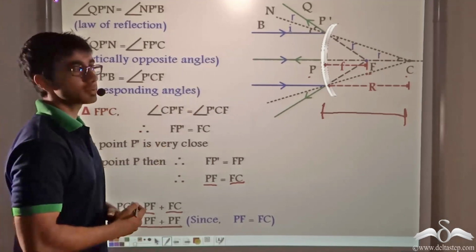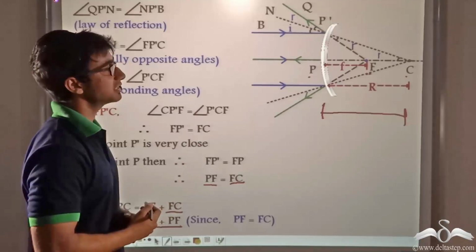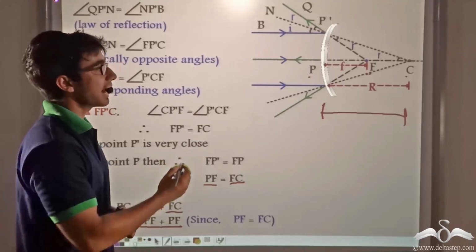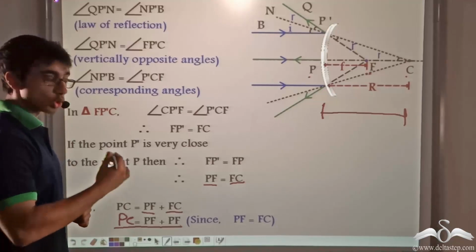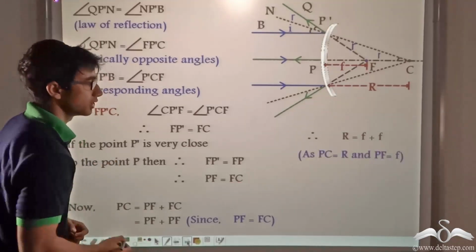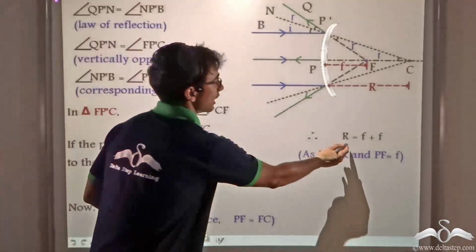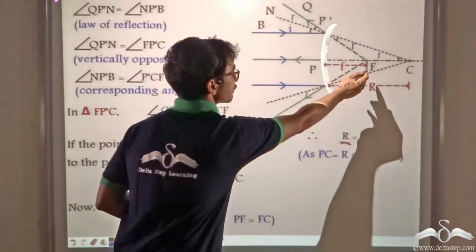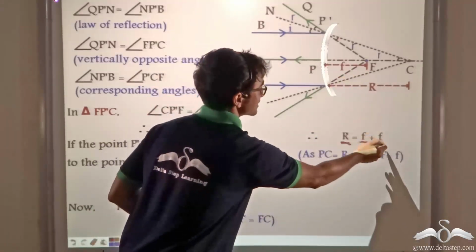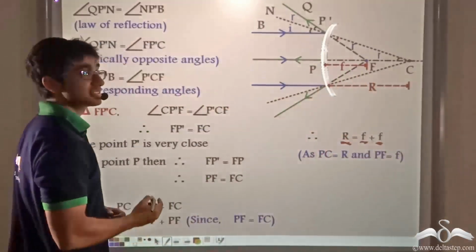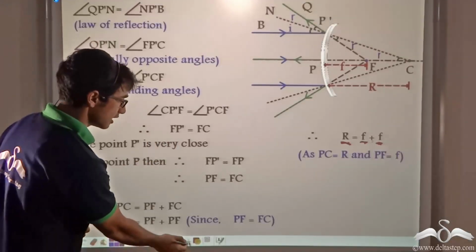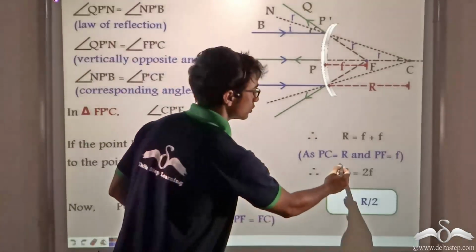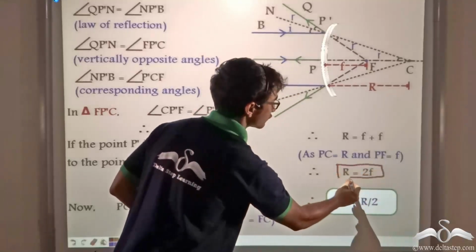Now, as you can see from the board, PF is nothing but the focal length and PC is nothing but the radius of curvature. So what do we obtain? We obtain R is equal to F, that is PF, plus F, that is FC, since those two sides are equal. So we can write R is equal to twice of F.